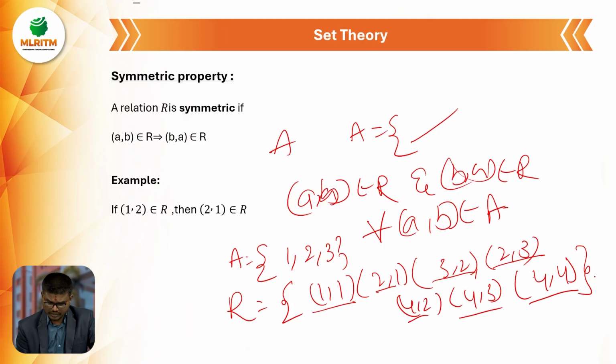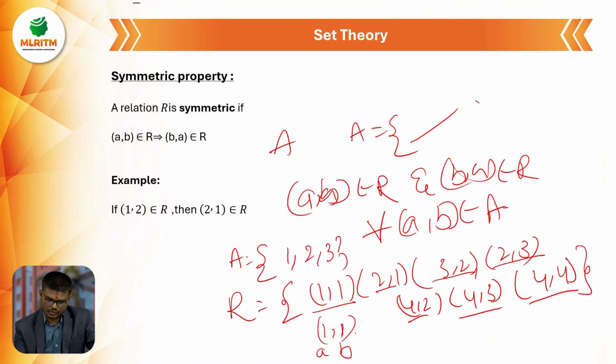The first pair is 1 comma 1, and we have to check: the first element is from the first set and the second element is from the second set. So the next pair should start with the b element. Here there is no pair starting with the b element, so it is not there.